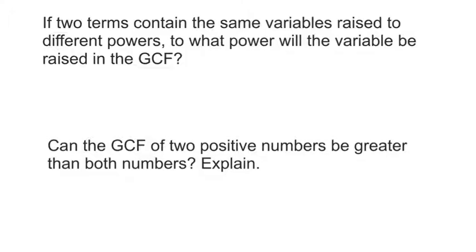What they're essentially saying here is if you had something like 3x to the 12th and 7x to the third, and you went to find the GCF here. Well, is there any common factor between 3 and 7?